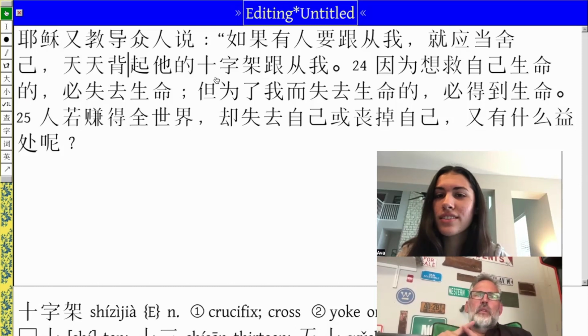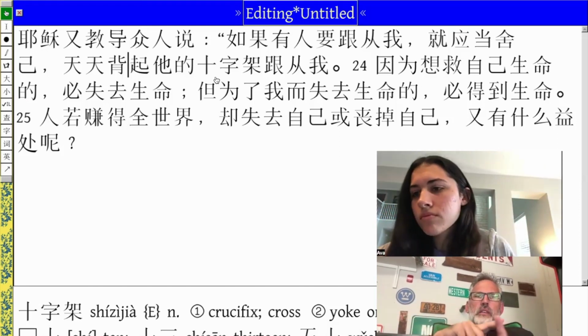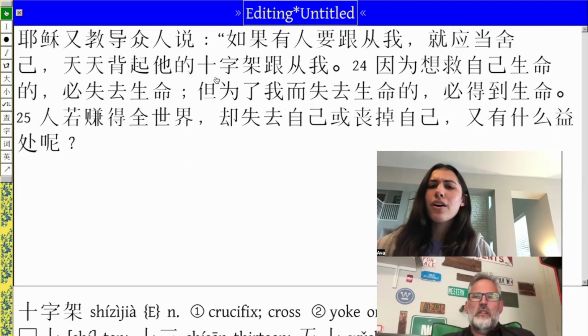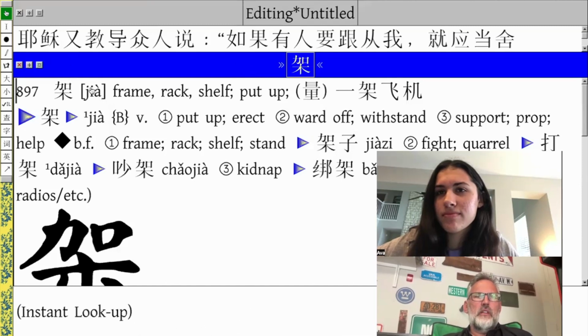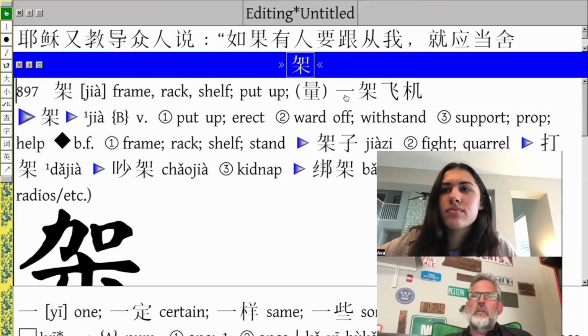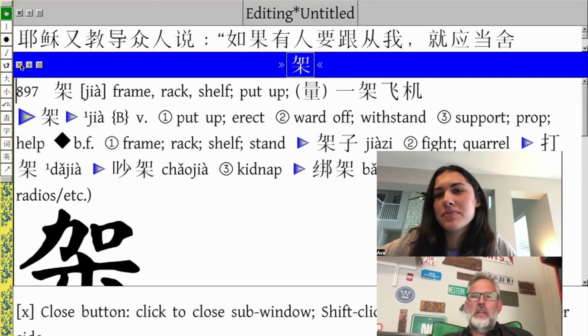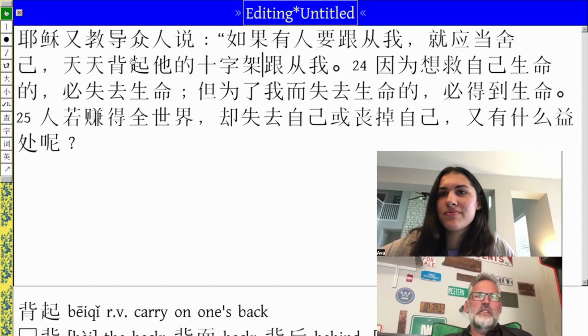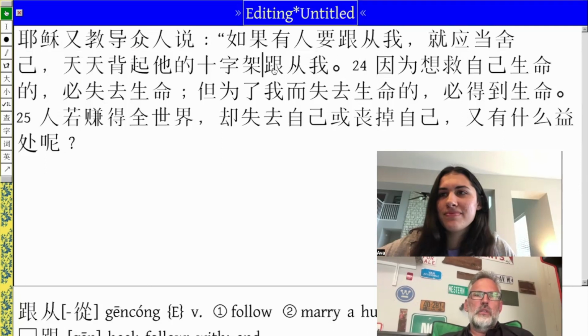So you know that this little plus symbol is ten, but 十字架 is the cross or crucifix. This 架 is like a frame, rack, or shelf. It's the measure word for airplanes, 一架飞机, like a rack of plane. 天天背起他的十字架, 跟从我.